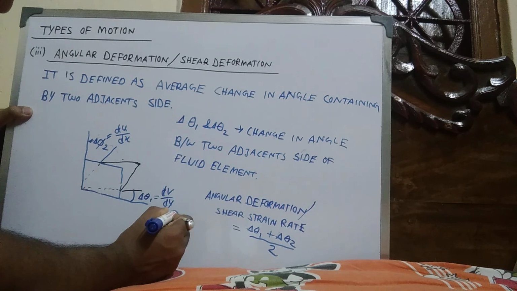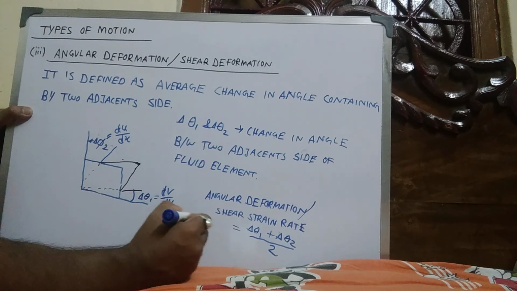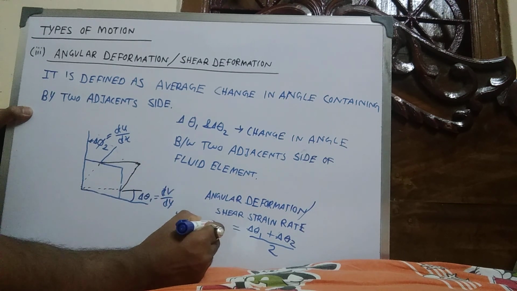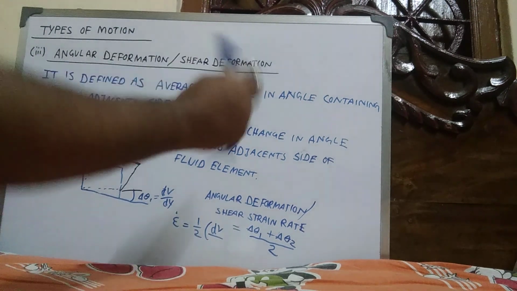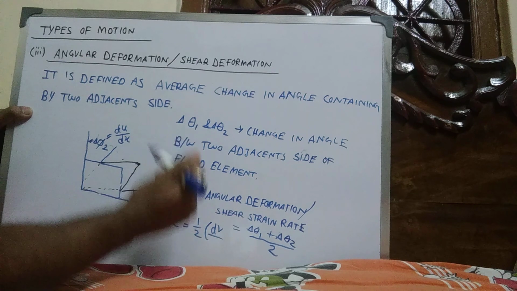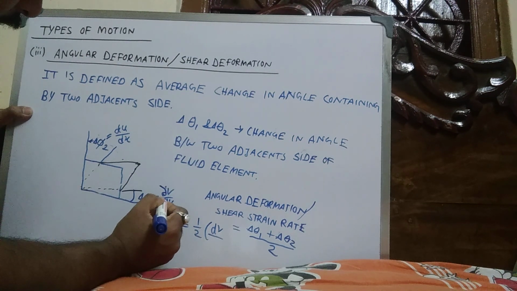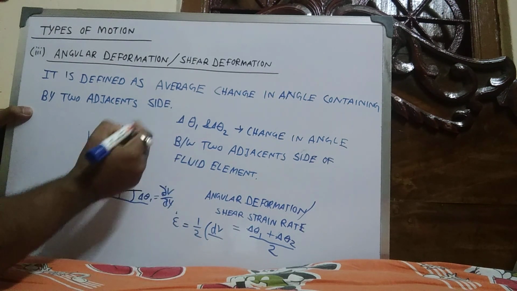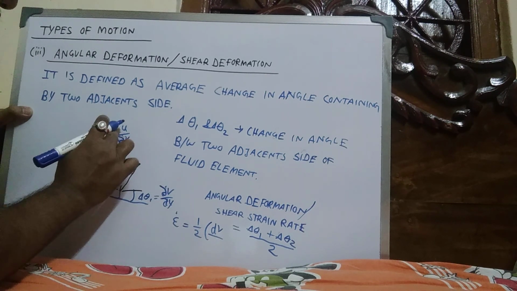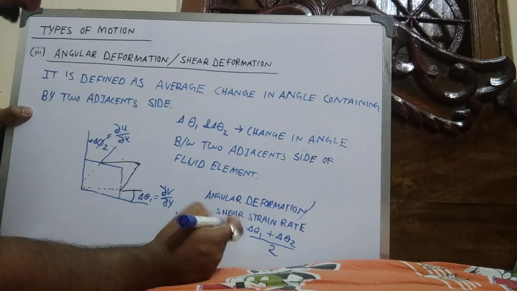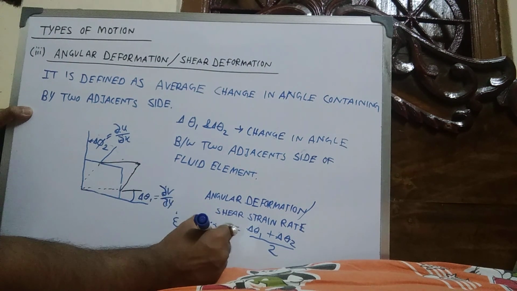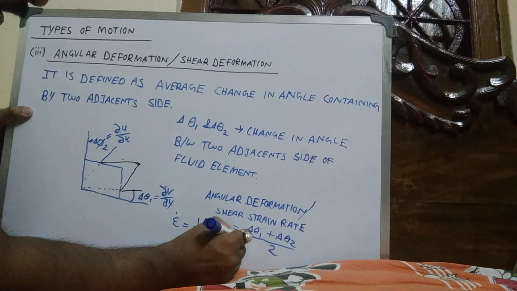This shear strain rate equals half into partial derivative dv by dy plus du by dx.